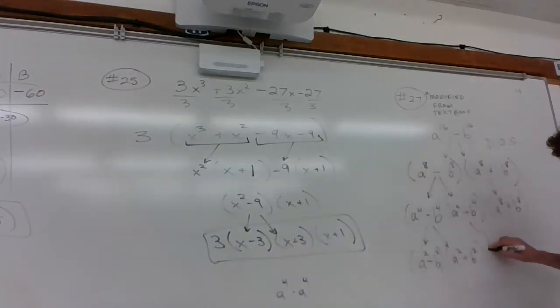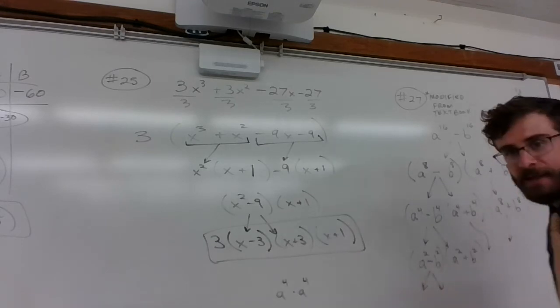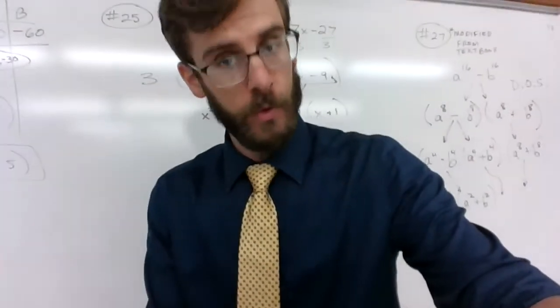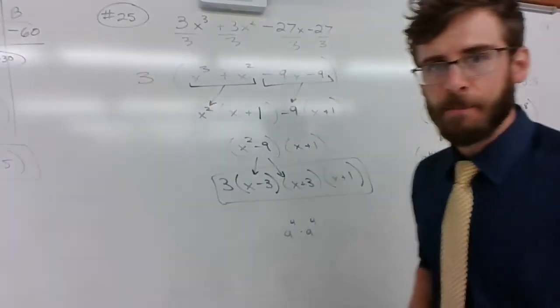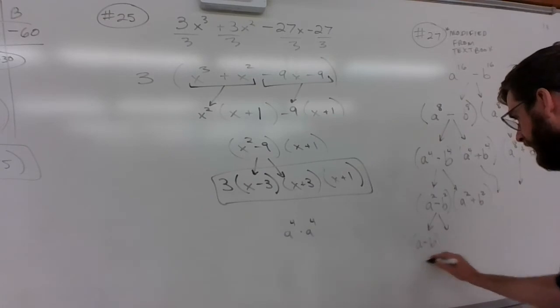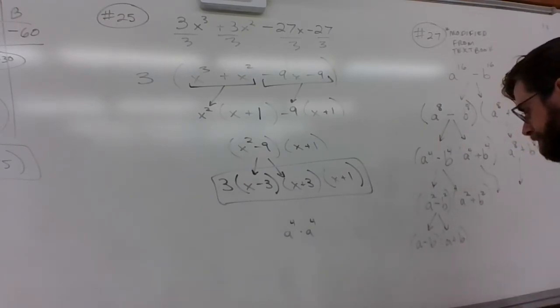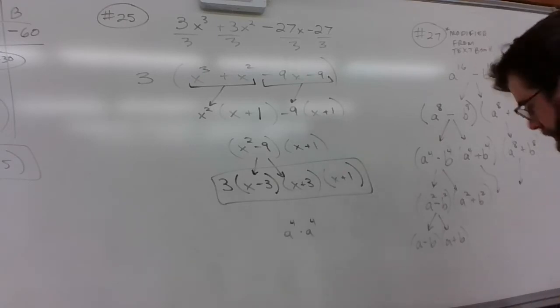I'll just draw a little arrow to indicate that it is happening. But here's my last one. A squared minus b squared is a minus b times a plus b. And now it's completely factored.